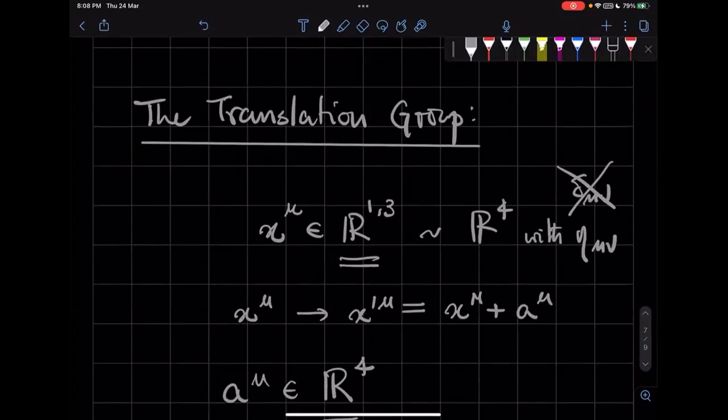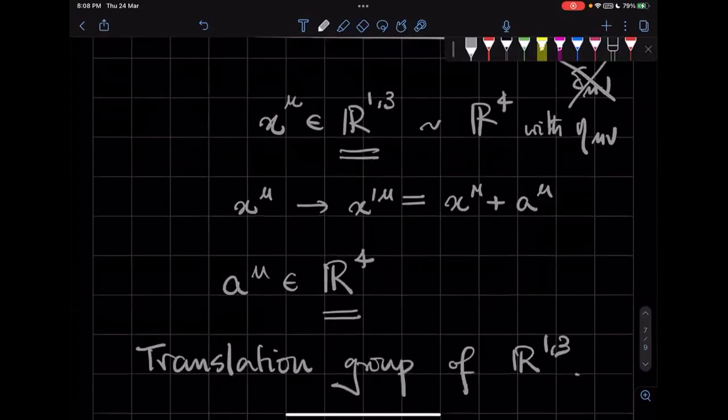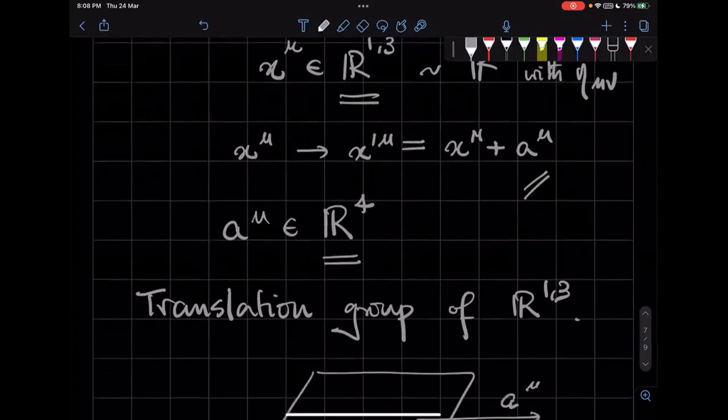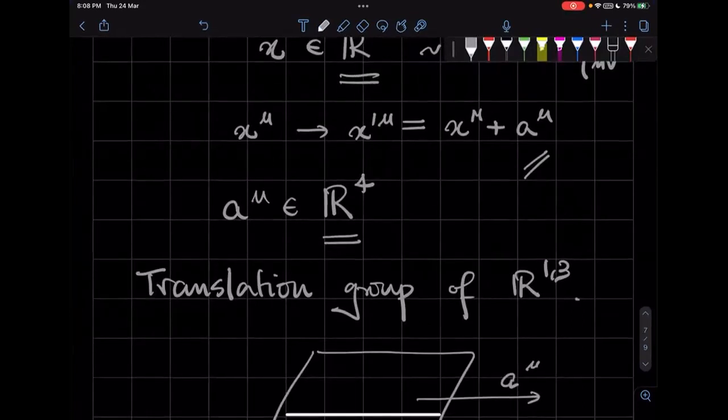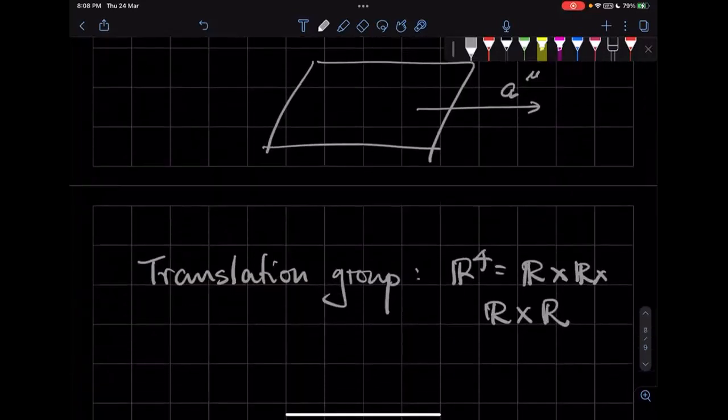That's what we mean by Minkowski space. But the elements I'm adding to each of the coordinates in Minkowski space is just an element of R. Therefore, an element of this group is an element of R4, or 4 factors of R, right?